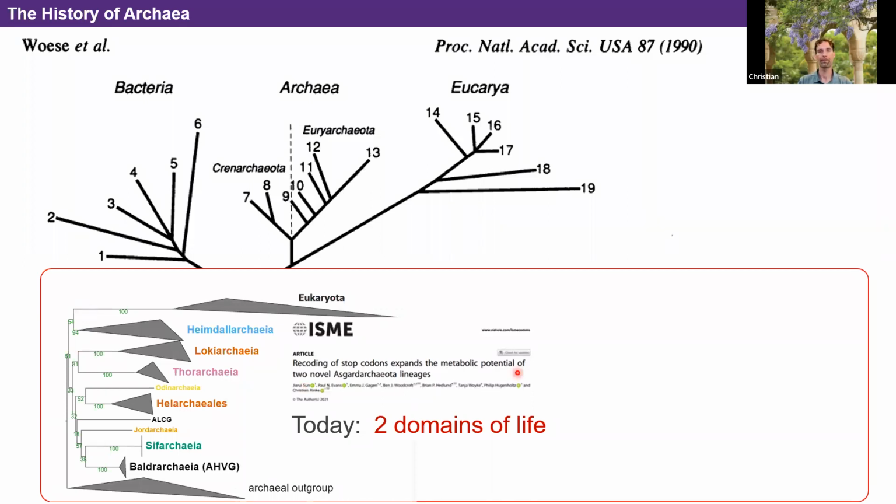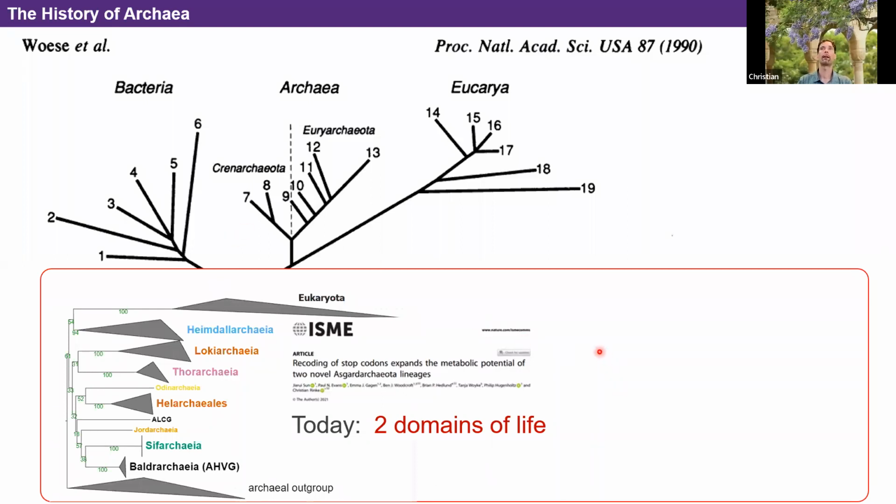And as I said, this is still debated, but it seems that more and more scientists look at the evidence, and that is, well, those Asgardarchaeota have eukaryotic signature genes that supposedly only eukaryotes have, and especially the phylogenetic evidence that places the eukaryotes within the Asgardarchaeota. So I wouldn't be surprised if the textbooks are shifting as well, and we're going to have two domains in the future rather than three domains.